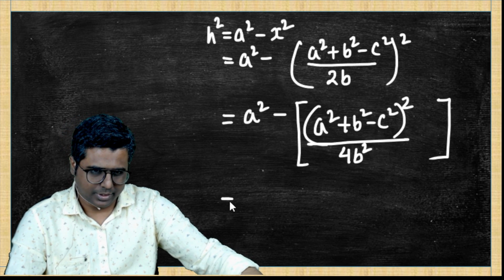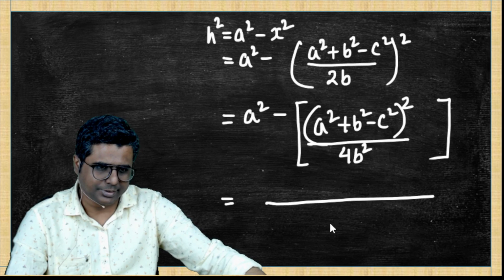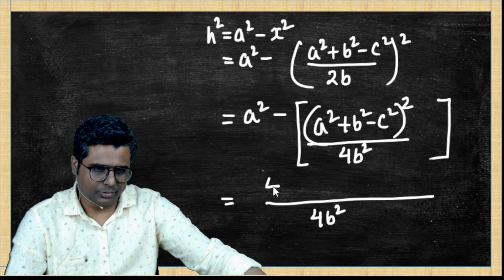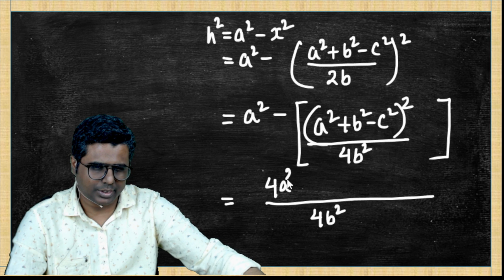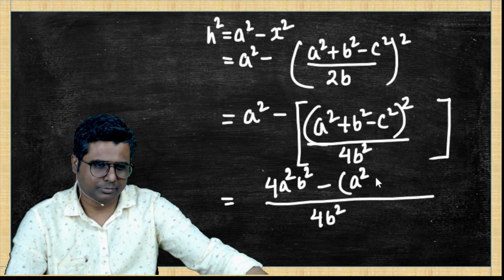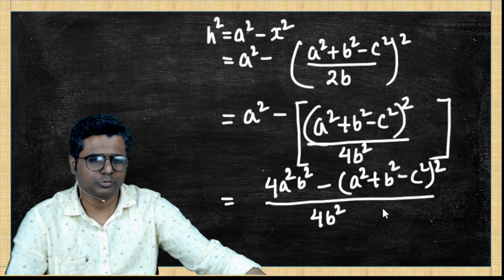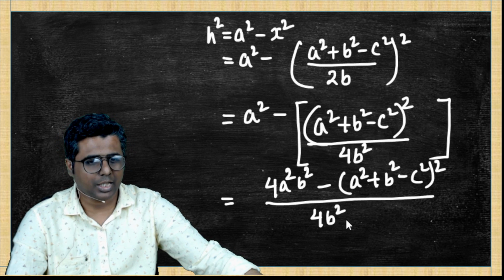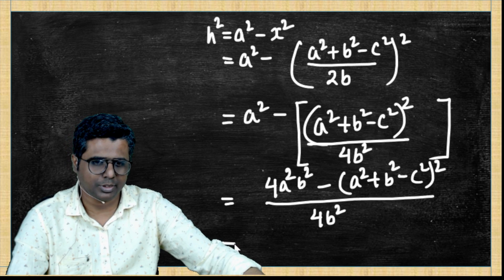Next I'll do an LCM. So here I will get 4a square b square minus (a square plus b square minus c square) whole square. You might think, why did I do it? This is going to help me. How is it going to help me? Now only you will understand.